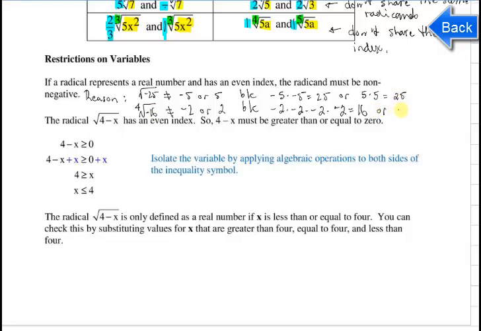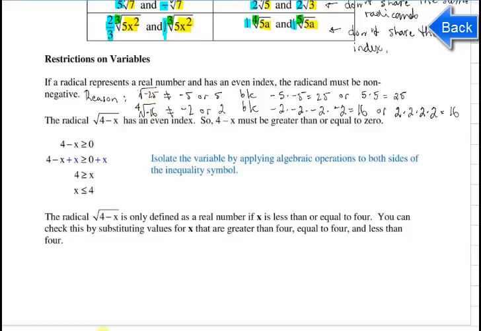Or if I go 2 times 2 times 2 times 2, that gives me 16, which once again is not negative 16. So you can see that if you have an even number index the radicand has to be a non-negative number. In other words, it must be positive or 0.